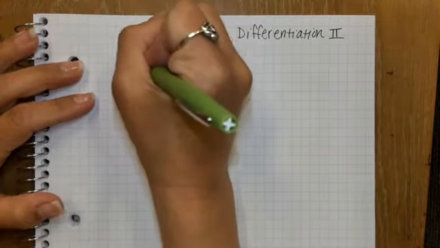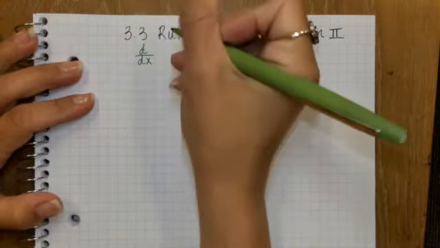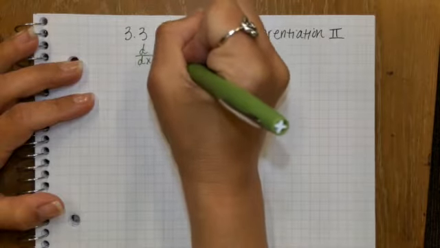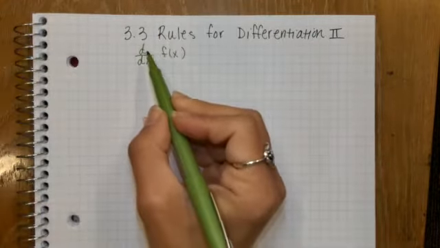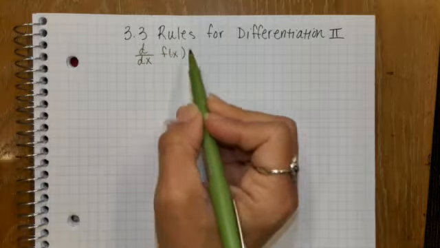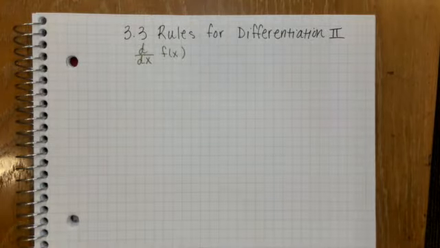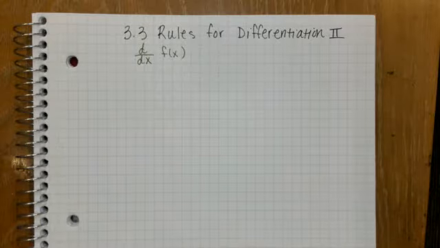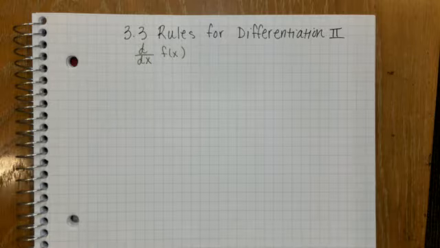d dx, and you have some function. This means the derivative of this function with respect to x. So essentially, I'm deriving with the x variables. It's not always going to be x. Sometimes it's going to be y, but for now, that's what it means.